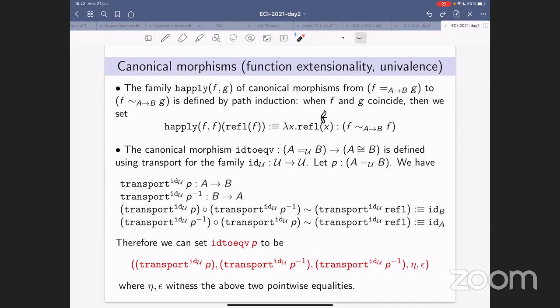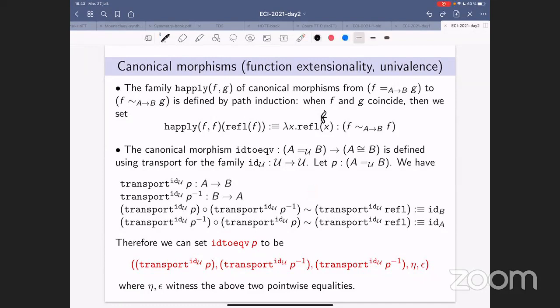First of all, we need to produce a function from A to B. Okay, but we consider the type family, which is the identity on the universe. Okay, so it takes a type and returns the same type. So if we transport, maybe I should write it here.